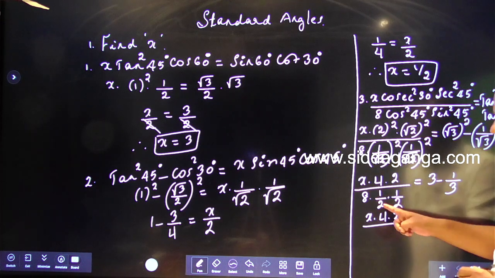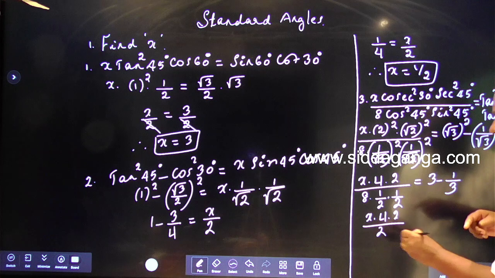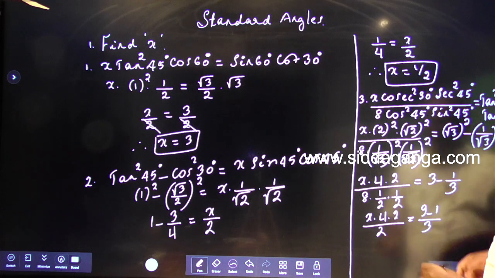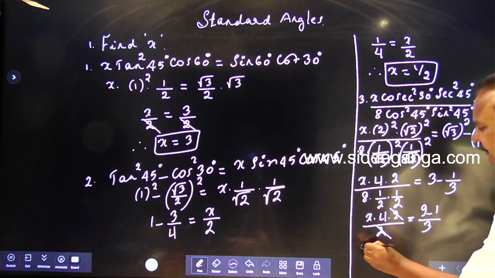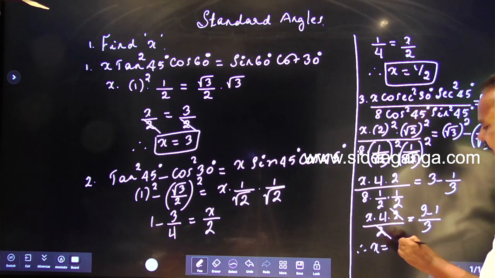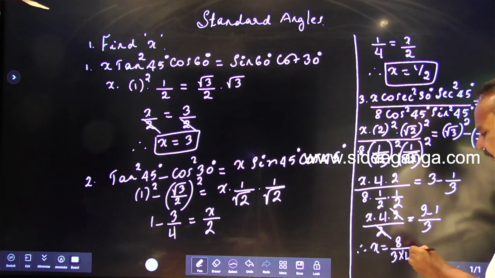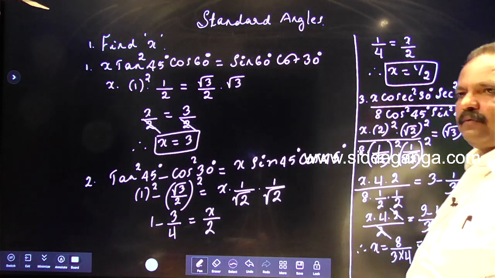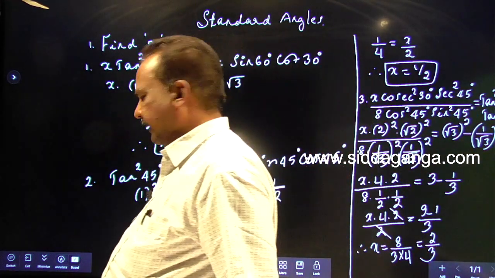This is 8 divided by 4 becomes 2 is equal to 3 is the LCM. 9 minus 1 by 3. So 2 cancels. Therefore, what is x? 8 divided by 3. The 4 also comes in the denominator. So, that is equal to 4 1s are 4, 2s are 8. So, finally, the value of x becomes 2 by 3.